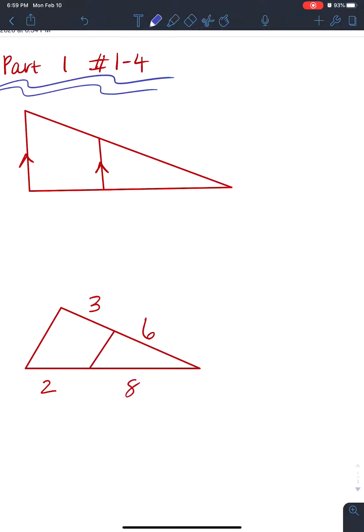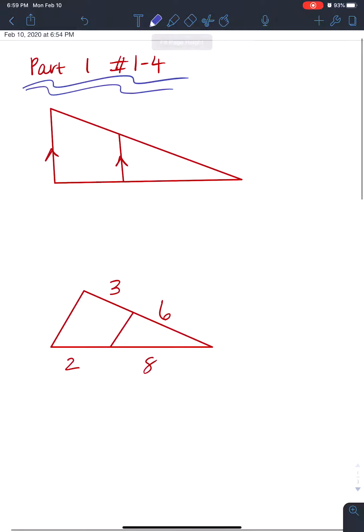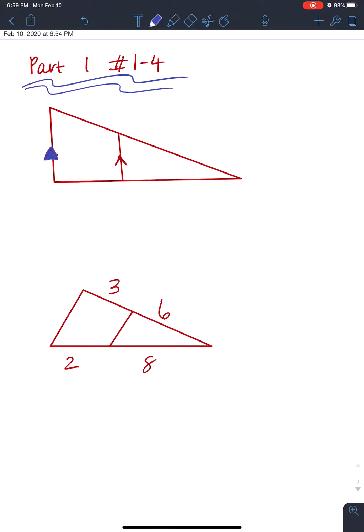So the first one I'm going to do here is a triangle that looks like this with these arrows. Notice how we have an arrow here, arrow here. A lot of people said that these were not similar triangles, but they are. And that's because of these arrows. These mean parallel, right? So if I have two parallel lines cut by a transversal, that means I'm going to have a pair of corresponding angles here that are congruent, and also here.